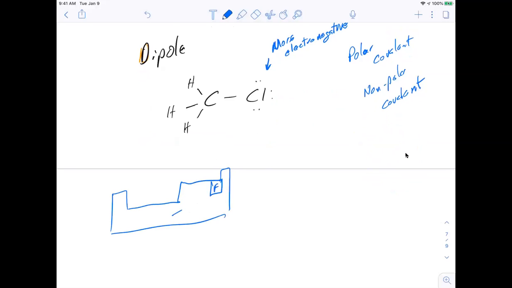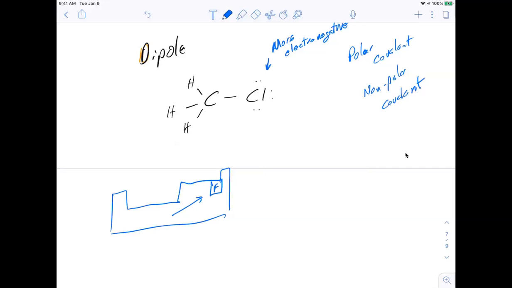Fluorine, everything goes towards fluorine, right? Fluorine is the most electronegative atom. One way to think about this is the closer they are to a noble gas, the more electronegative they're going to be. The more they're going to desire that electron density. The further away they are, the less they're going to attract that electron density. Things in the middle, they like to share.